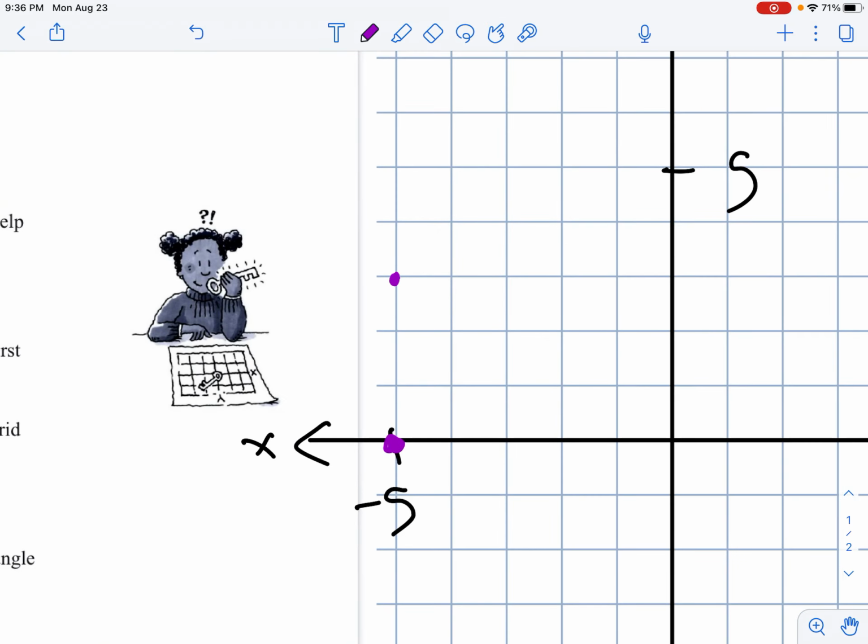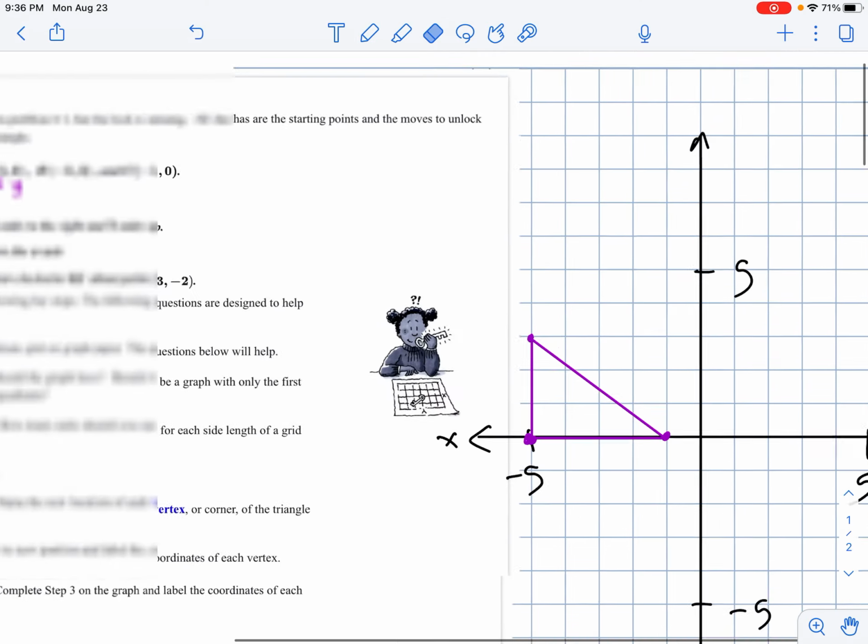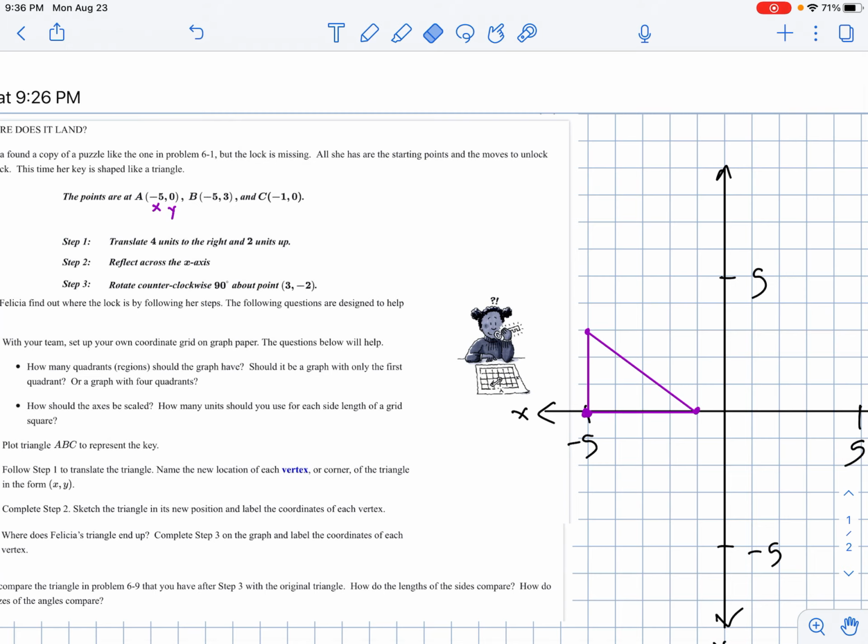And then the last one is at (-1, 0). That's right there. And so those are the vertices of her triangle. We will use Notability to hopefully draw a triangle. There it is. Okay, so there's my triangle, or I should say Felicia's triangle.